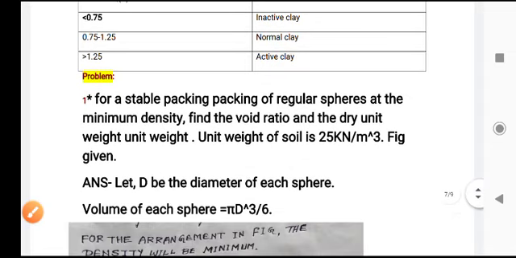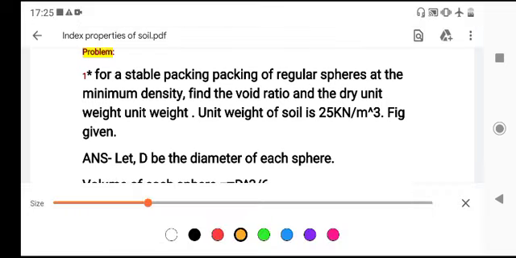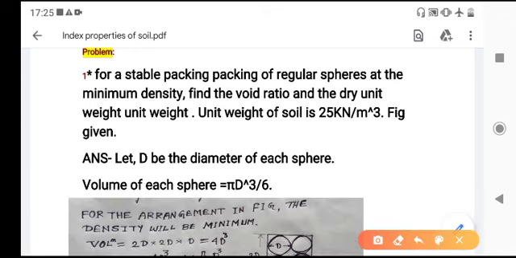Now some problem solving. First problem: for a stable packing of regular spheres at the minimum density, find the void ratio and dry unit weight.